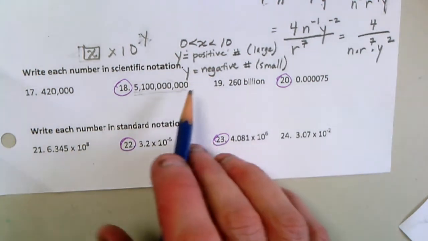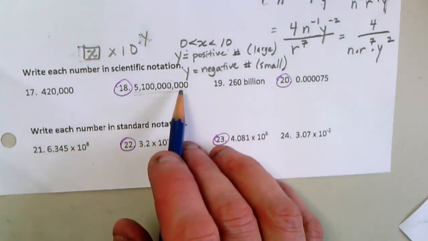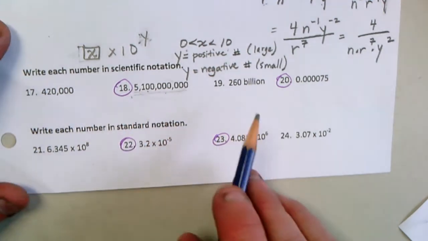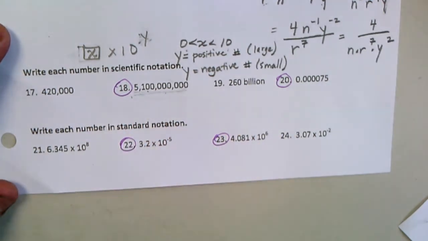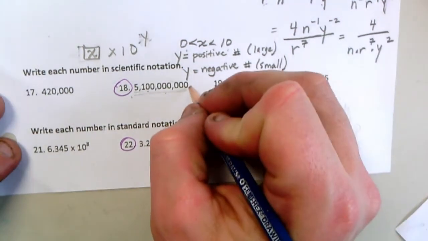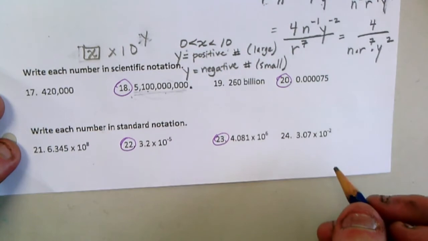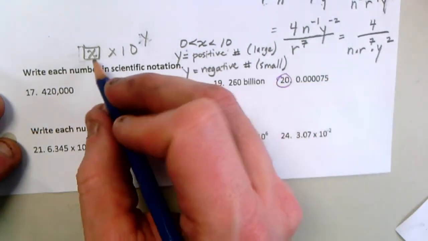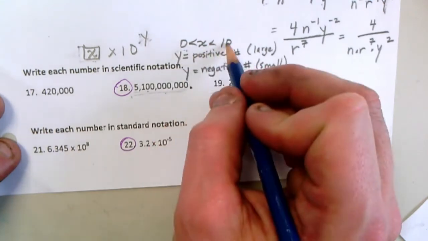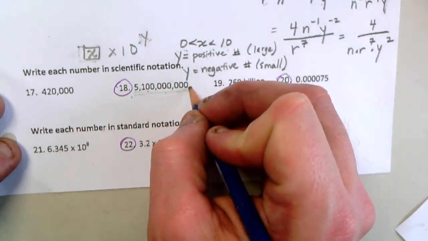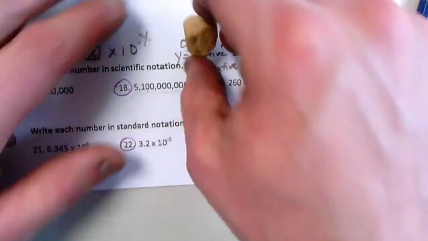It looks like we have hundreds, thousands, million, billion: 5.1 billion. To turn this into scientific notation, start with your decimal point right there, and count off until you get to a number between 1 and 10.